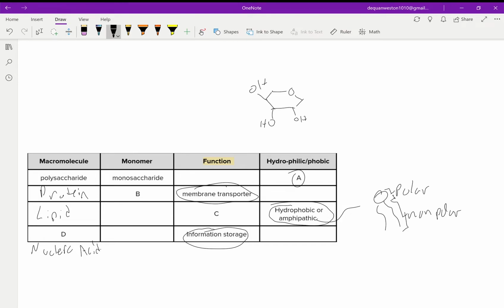So for A, when we're asked is this hydrophilic or hydrophobic, we see all this polarity, and we know that polar equals hydrophilic. Oh, sorry, not hydrophobic, hydrophilic. Sorry about that.